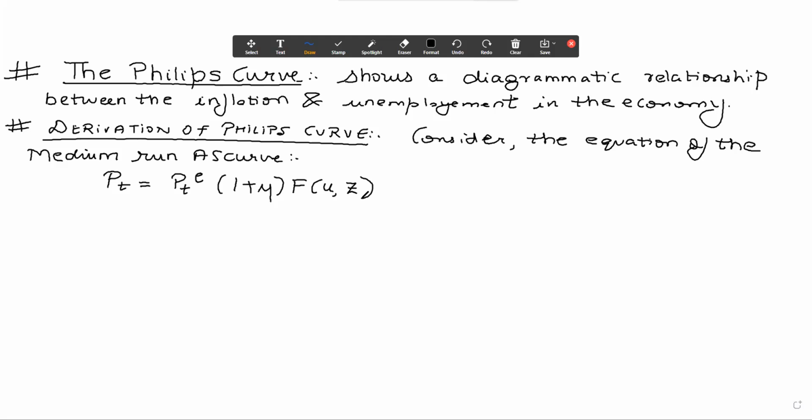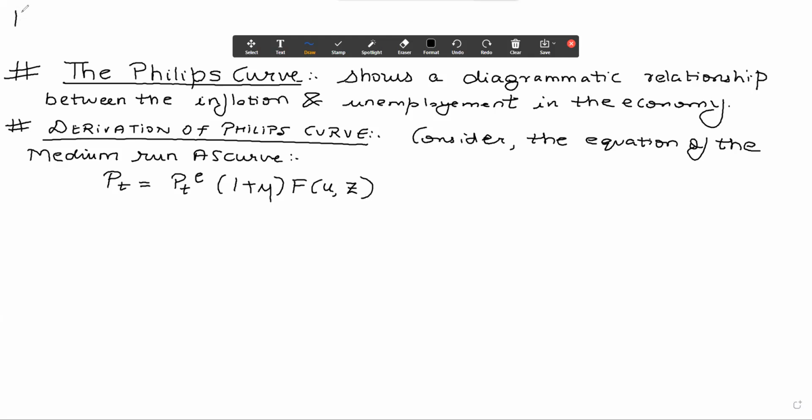P_t denotes the actual price level in time period t. P_t^e denotes the expected price level in time period t. When will this expectation be formed? This expectation will be formed in time period t minus 1. So P_t^e denotes the price level which we expect in period t, and that expectation will be formed in period t minus 1.